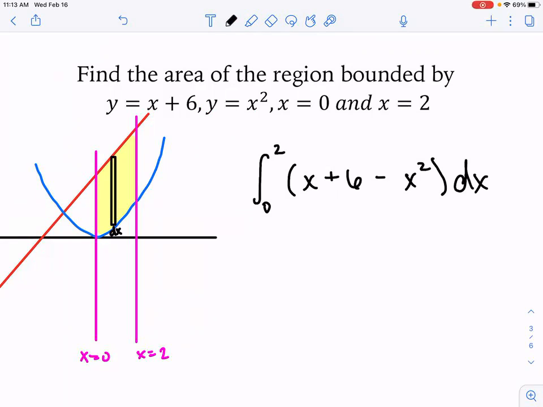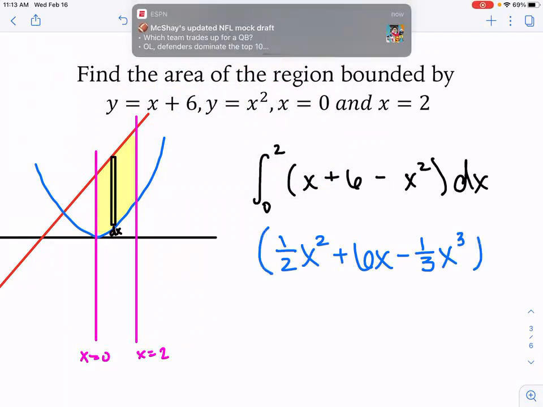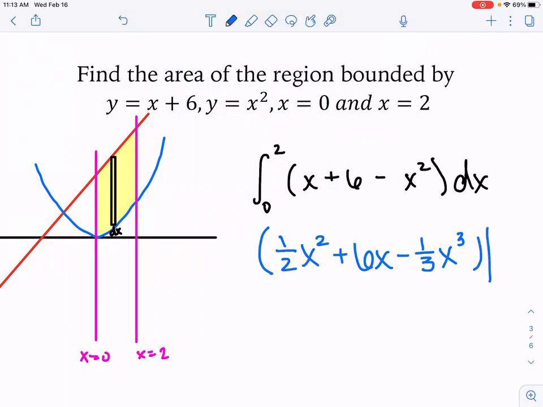So, antiderivative. Cole, give it to me. You got it. Evaluated from 0 to 2.